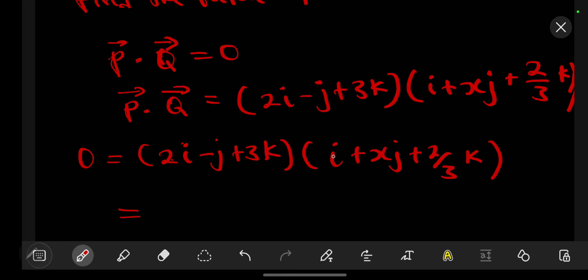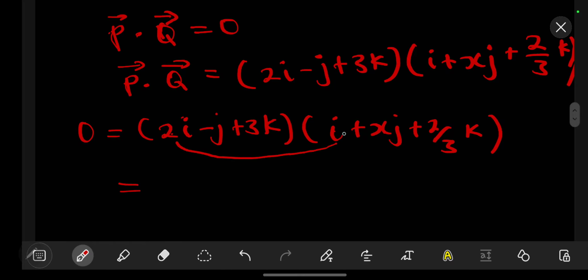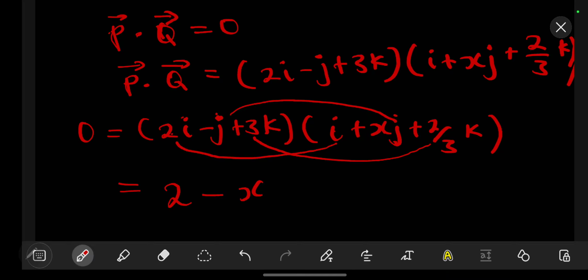Only those having the same letters multiply. So 2i times i will just give us a 2. Then the one with j multiplies the one with j. Our negative j times x will be negative x, since j times j gives us 1. Then finally we have 3 times 2 over 3.